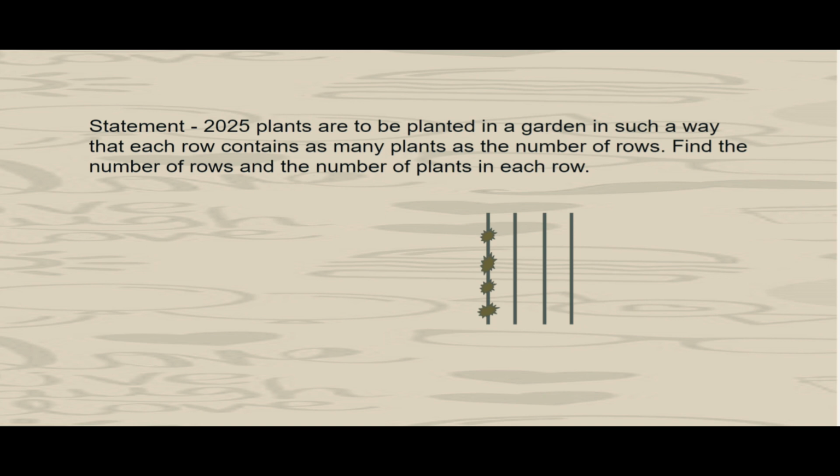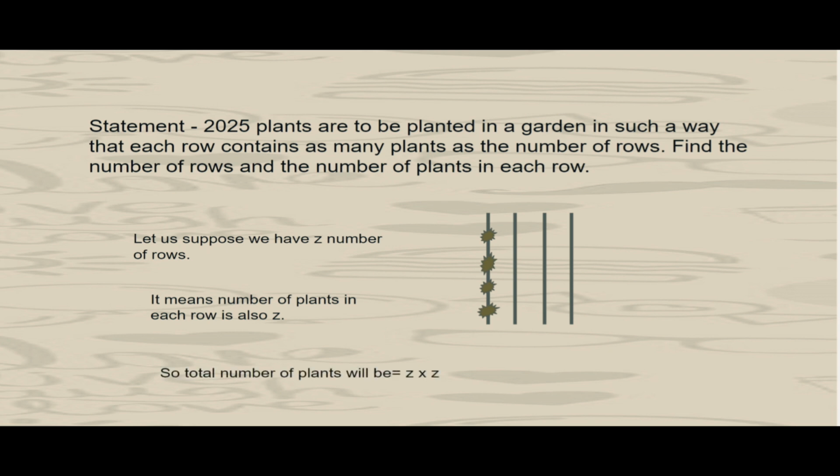So, let us suppose we have Z number of rows. Since the number of rows and the number of plants in one row are equal, the number of plants in each row is also Z. So, the total number of plants will be Z multiplied by Z, number of rows multiplied by number of plants in one row.